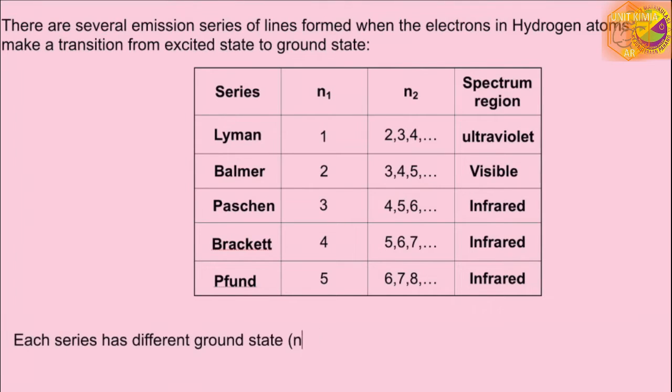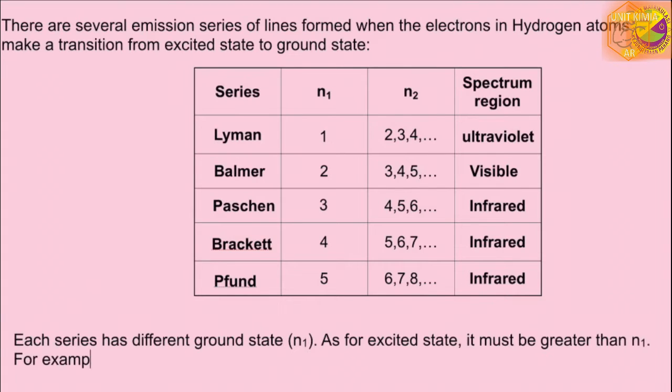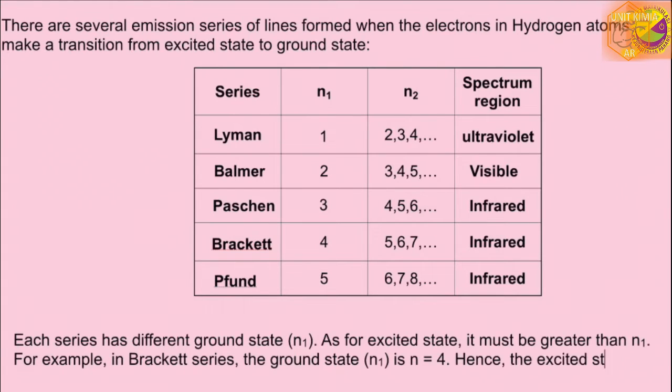Each series has a different ground state, n1. As for the excited state, it must be greater than n1. For example, in Brackett series, the ground state n1 is n equal to 4. Hence, the excited state n2 must be greater than 4.